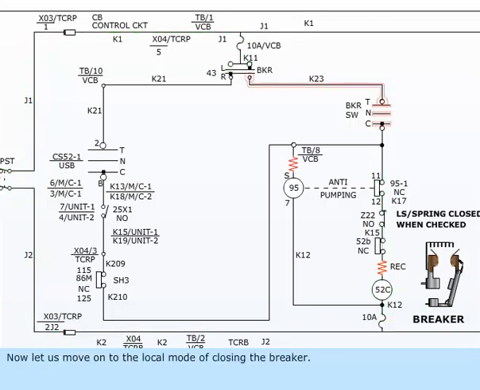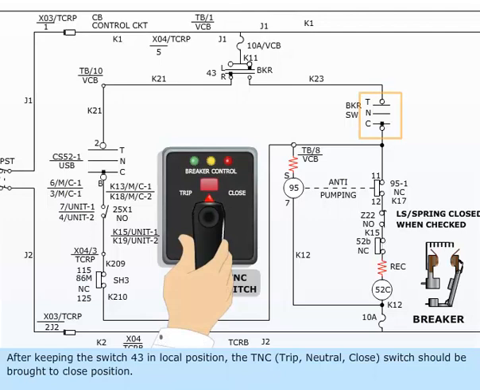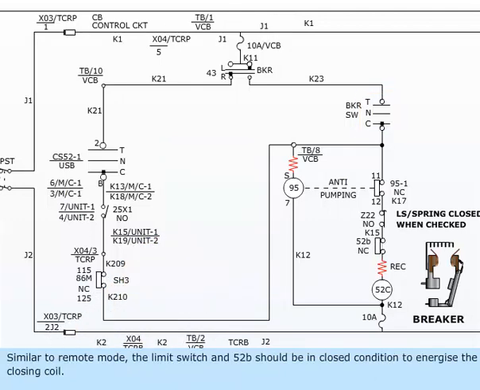Now let us move on to the local mode of closing the breaker. After keeping the switch 43 in local position, the TNSC trip neutral close switch should be brought to closed position. Similar to remote mode, the limit switch and 52B should be in closed condition to energize the closing coil.